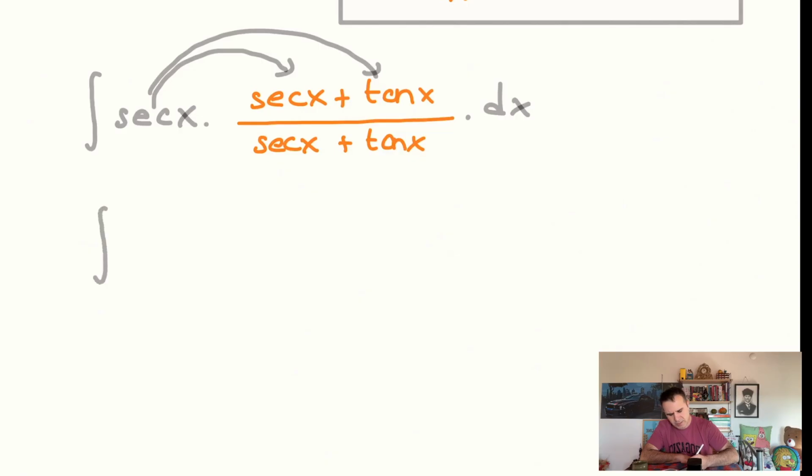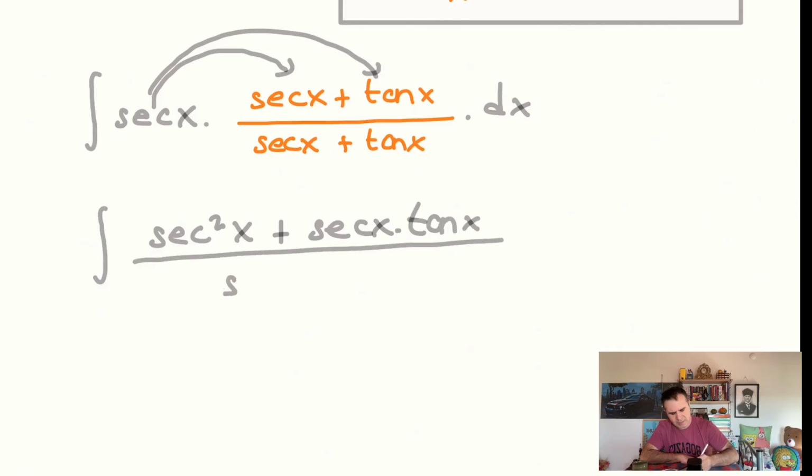Then the integral becomes secant square of x plus secant x tangent x over secant x plus tangent x dx.